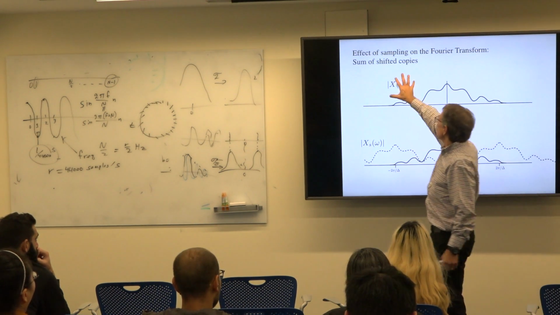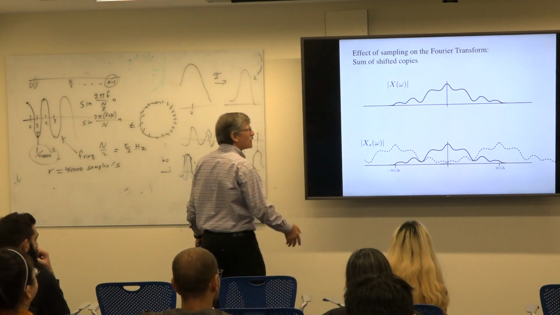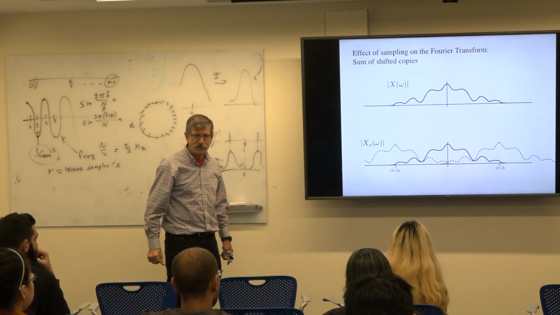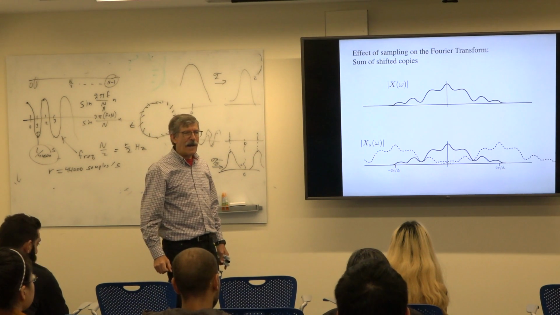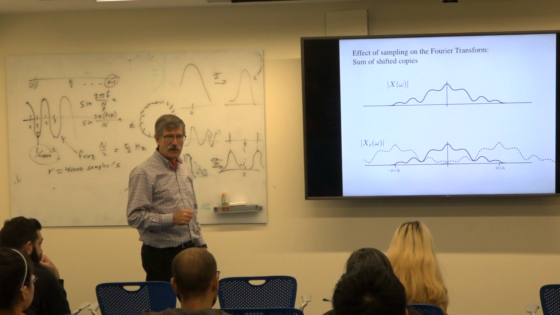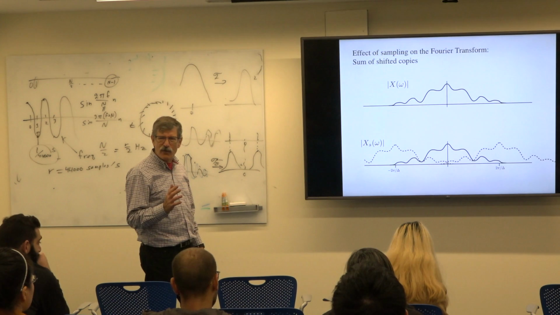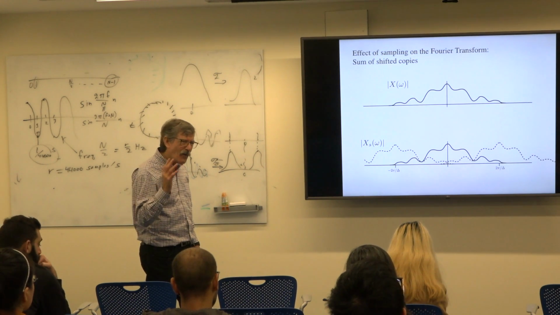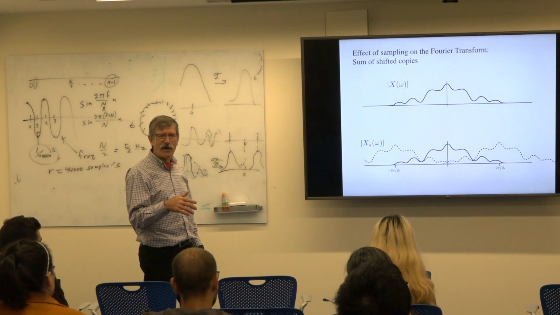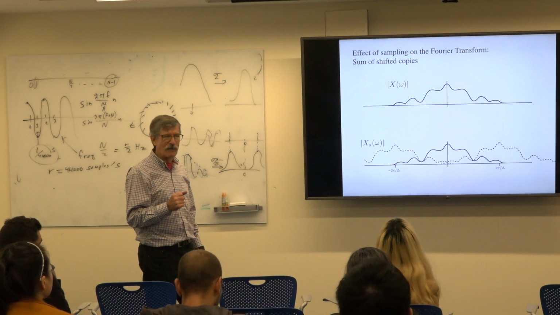So imagine I've got some signal, and I do its Fourier transform, and it's that. Now I'm going to sample the signal. So now the dance I'm doing right now is we've had a whole week and a half of talking about this discrete Fourier transform.